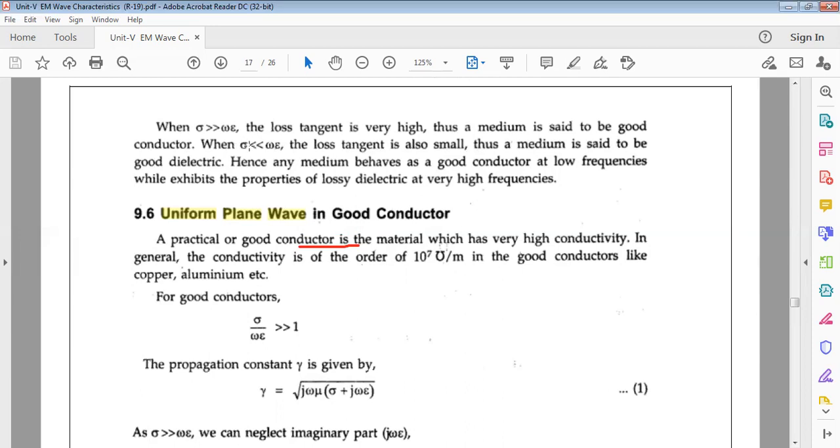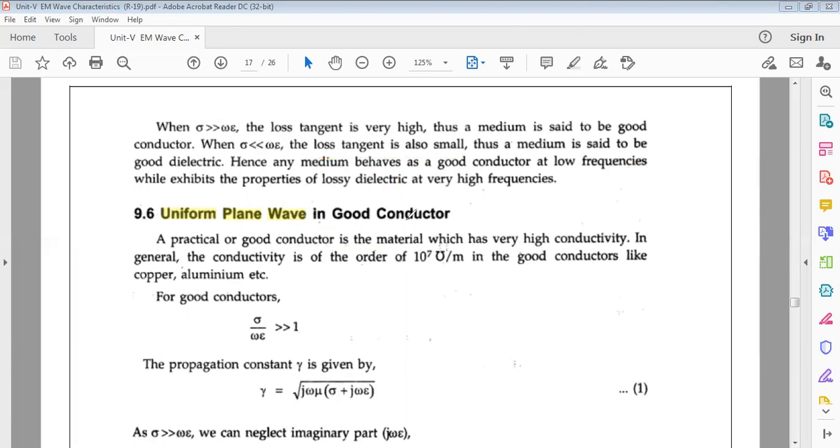Here sigma is very much less than omega epsilon, which means the conductivity is very small compared to the dielectric, and the loss tangent is also small. Hence, any medium behaves as a good conductor at low frequency, and exhibits the properties of a lossy dielectric at high frequencies. Okay, my dear students.